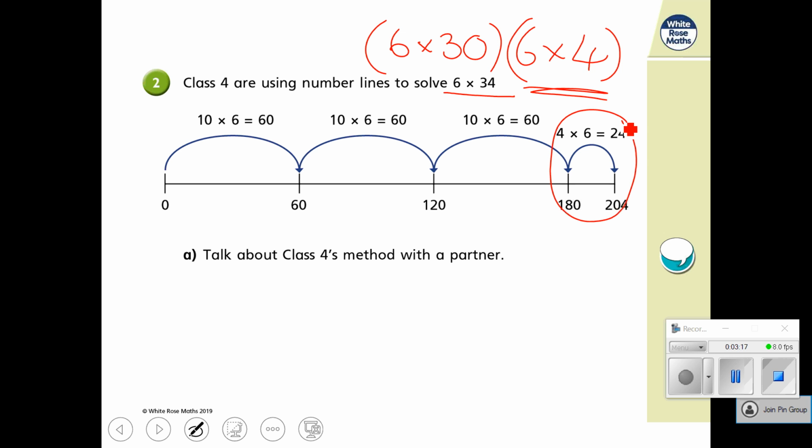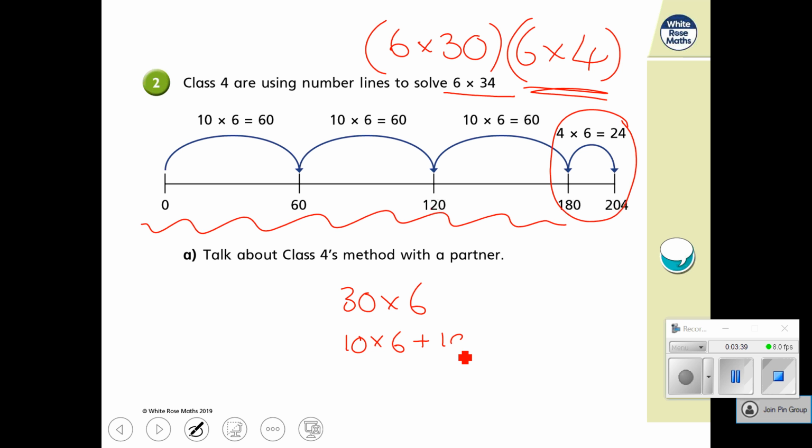But what's going on here? Well, basically, 6 times 30 is the same as 30 times 6. And 30 is equivalent to 3 lots of 10. So if I want 30 multiplied by 6, I can have 10 times 6, add 10 times 6, add 10 times 6.